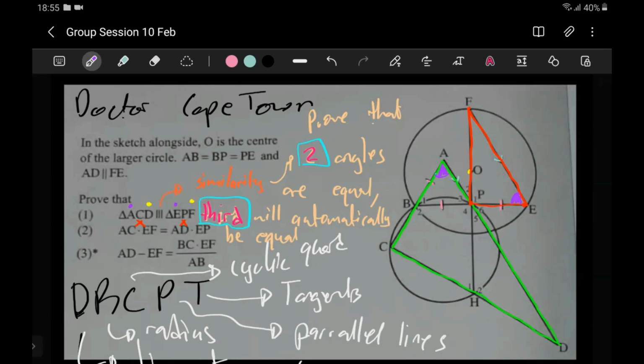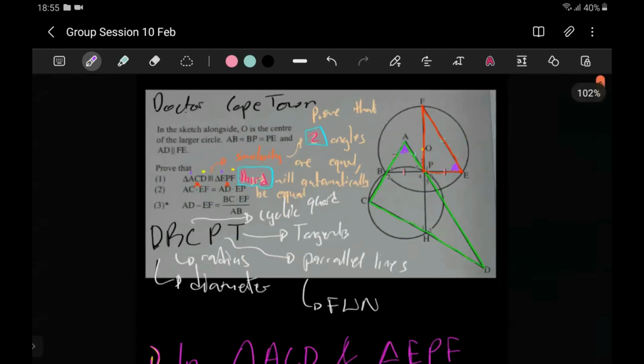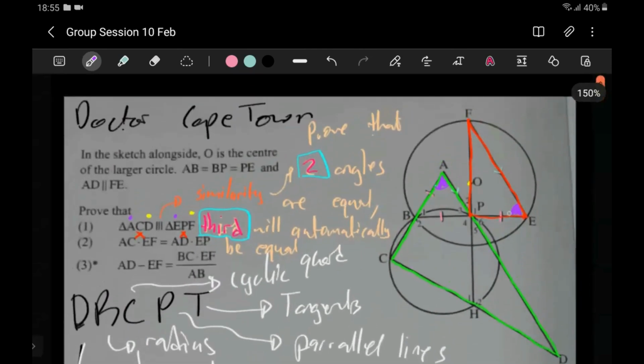Now, if you're going to find a reason why A is equal to E, don't look for a theorem that's going to directly link these two angles. You see, that doesn't work. What you want to do is firstly ask yourself, what is E equal to? And then what is A also equal to? Because as long as you can find something equal to E, or something equal to A, you can eventually link these two together.